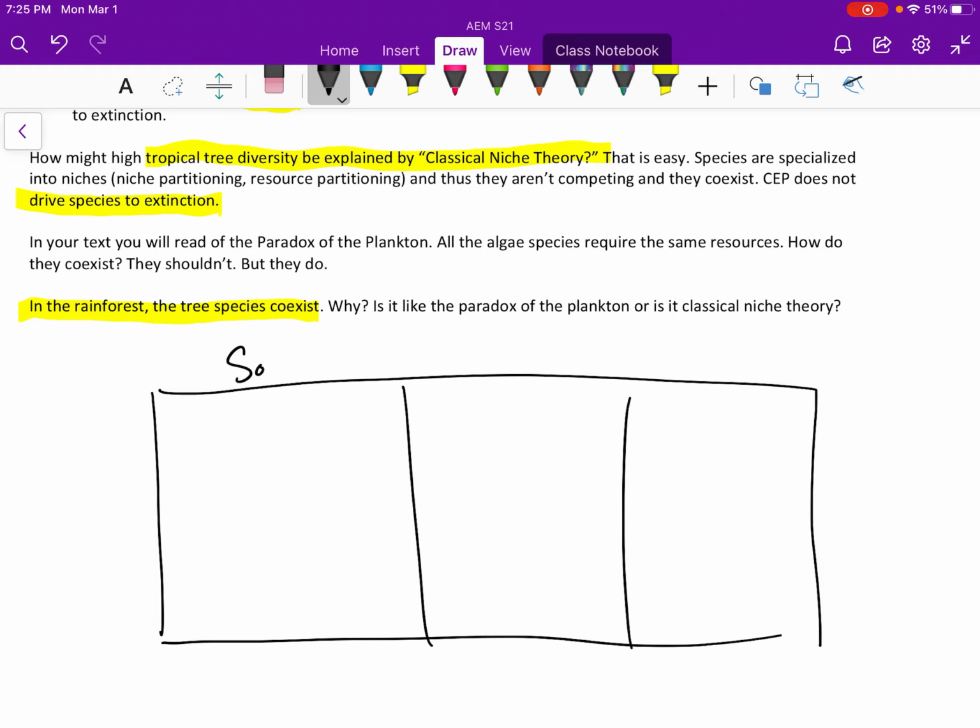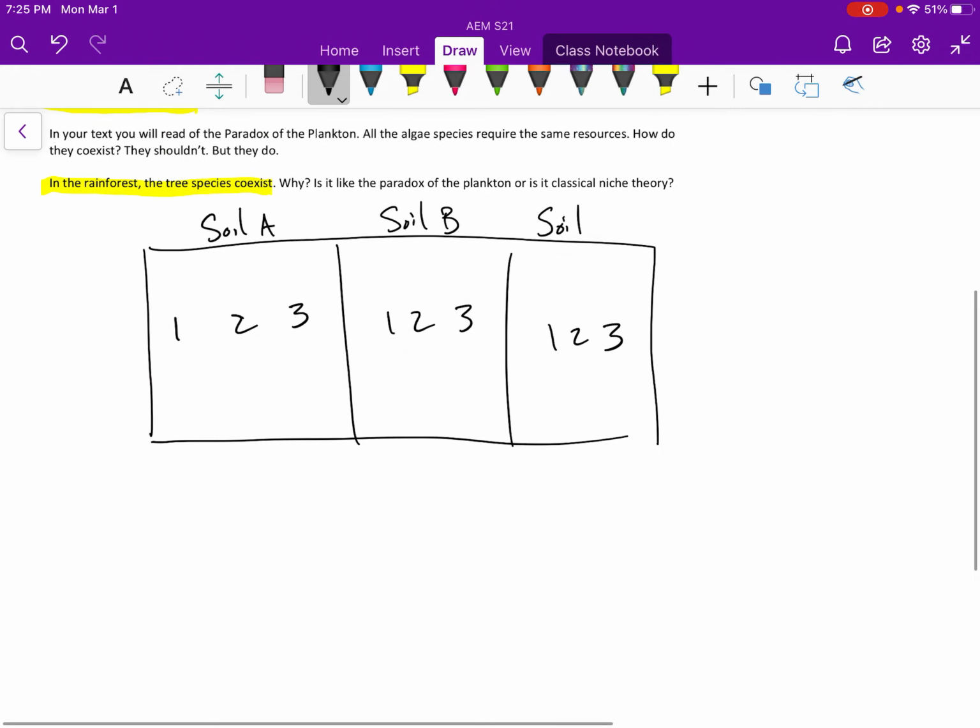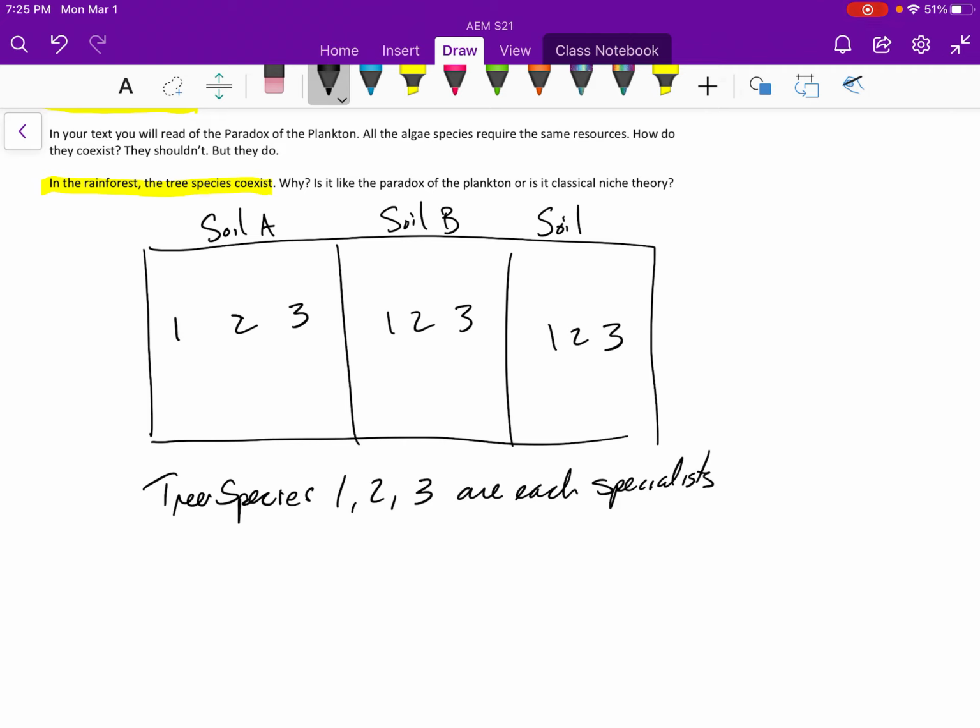So I'm going to have 3 different soil types: soil A, soil B, and soil C. And in my little experiment, I'm going to assume I have 3 different species of tree, species 1, 2, and 3, and tree species 1, 2, and 3 are each specialists on a soil type.